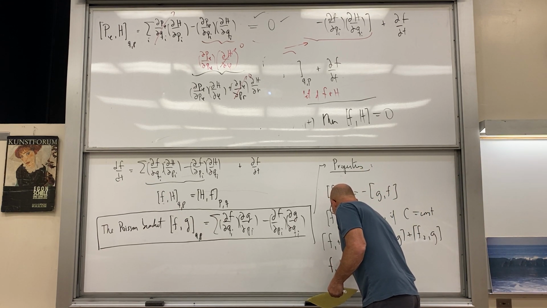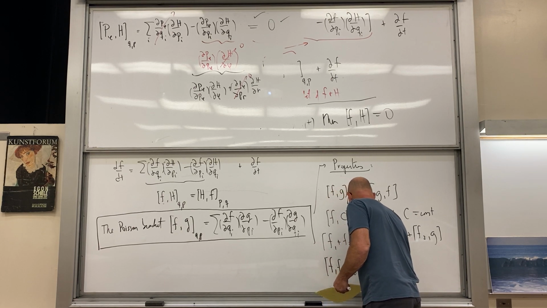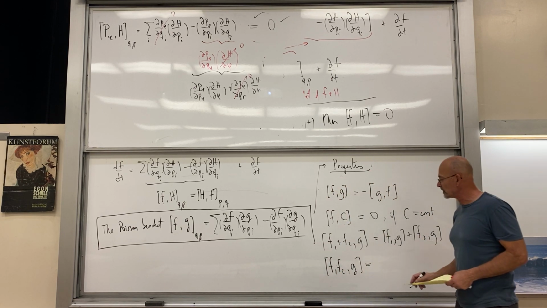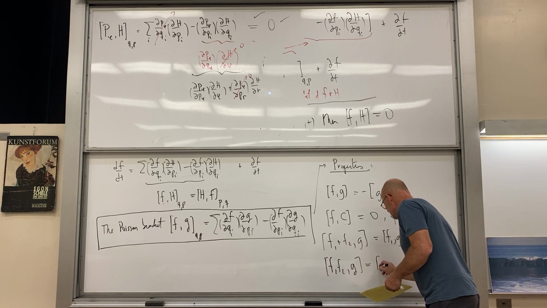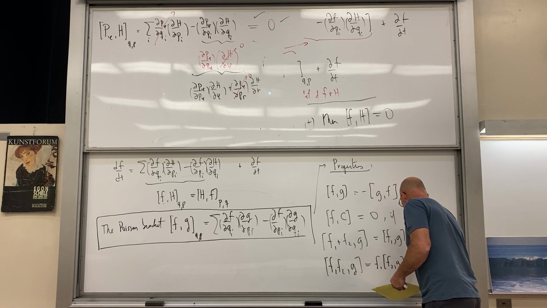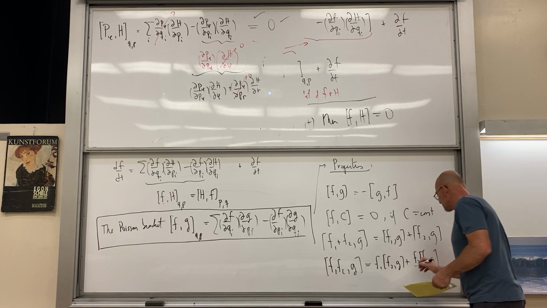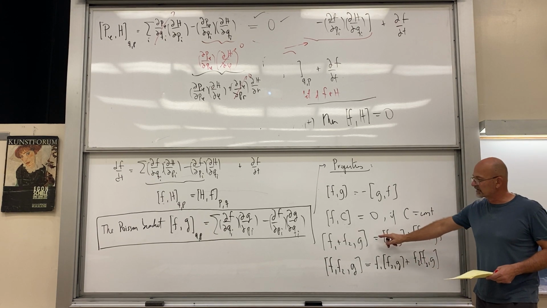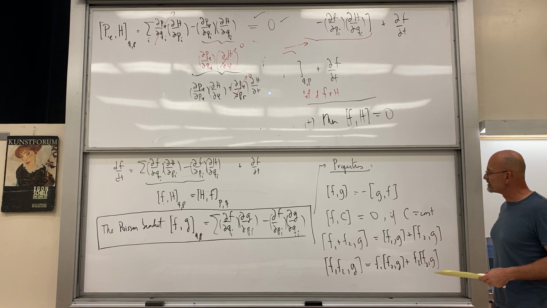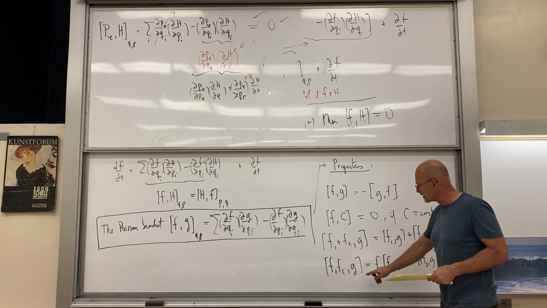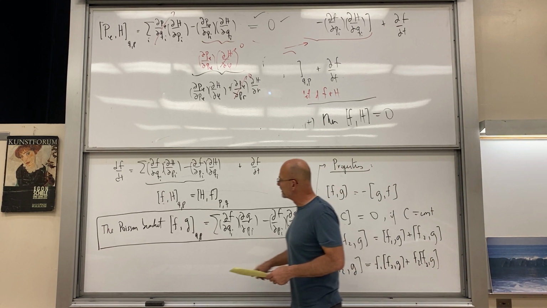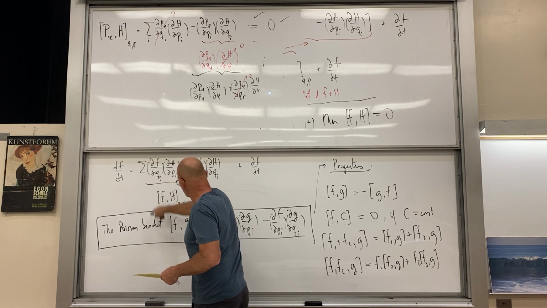If you have the product of two functions, then just by product rules of differentiation, you have f1 f2g plus f2 f1g. So this one too, you can see pretty much by inspection, because it'll just be the product rule of taking derivatives.